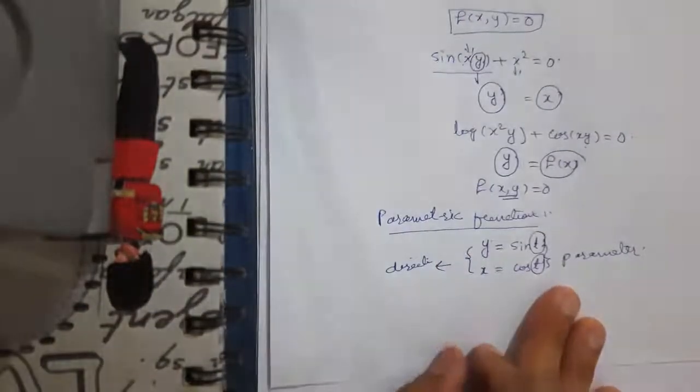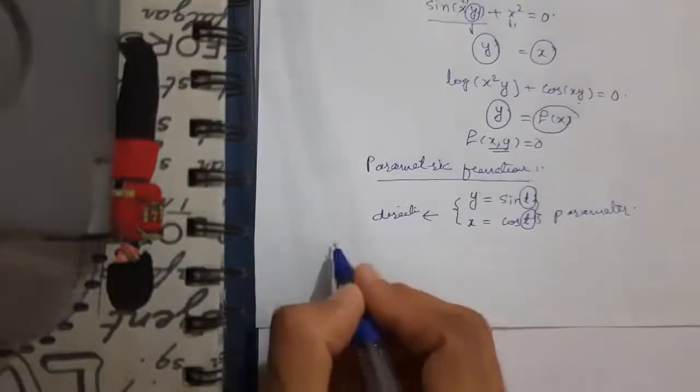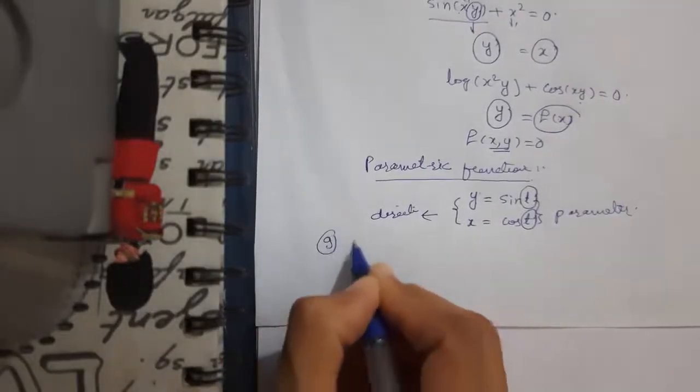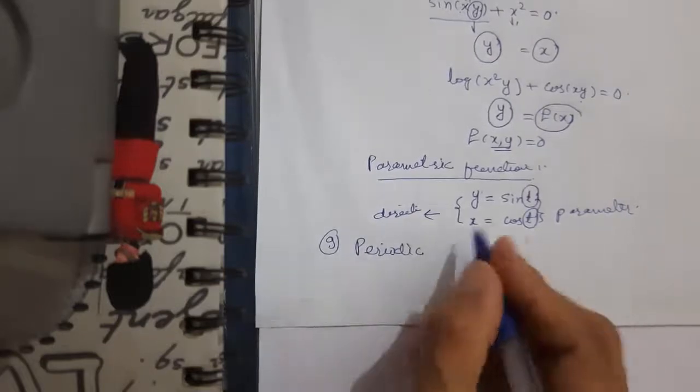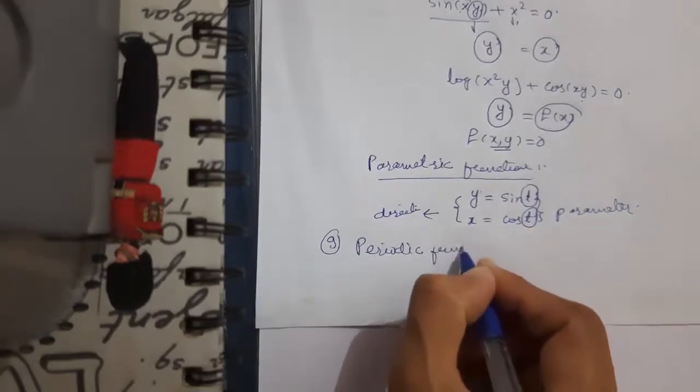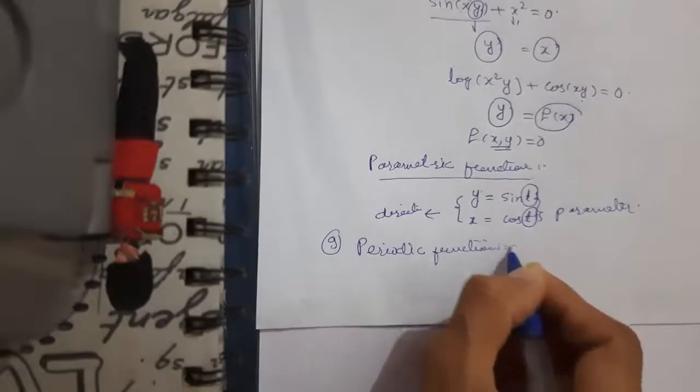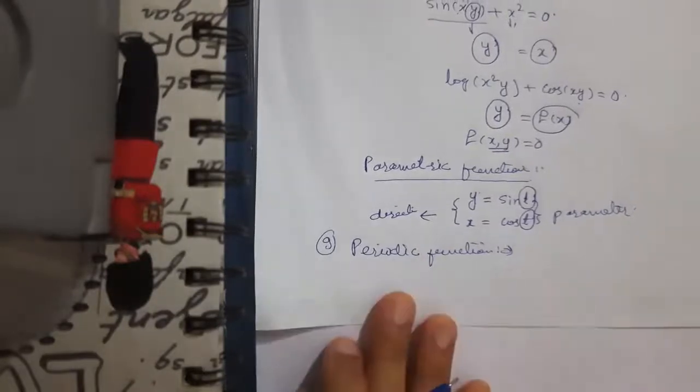Next is the periodic function. You already know that if a value repeats after a certain time, then it is called a periodic value or periodic function. For example, the revolution of the earth around the sun is periodic. That's why we get day and night.